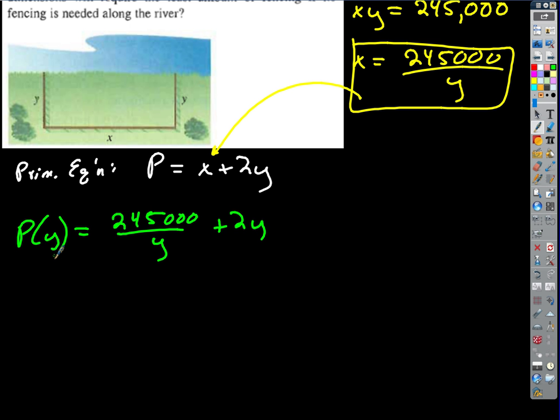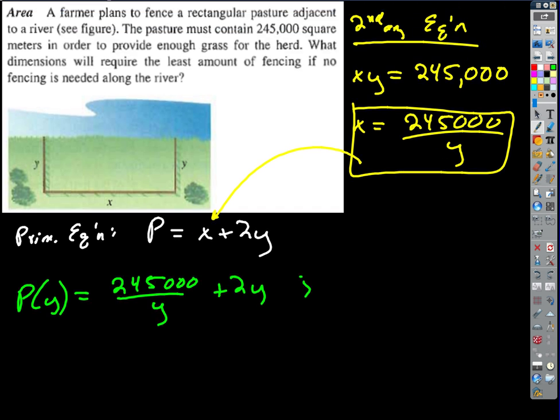The only other thing we need to do before we launch into table talk here is come up with the domain, right? That usually takes a little bit of thought because it's not just mathematical. We've actually got a real thing going on here. So what's our domain? We've got to think about what's the smallest that y could be. It really can't equal 0 because x is defined in terms of y on the bottom, right?